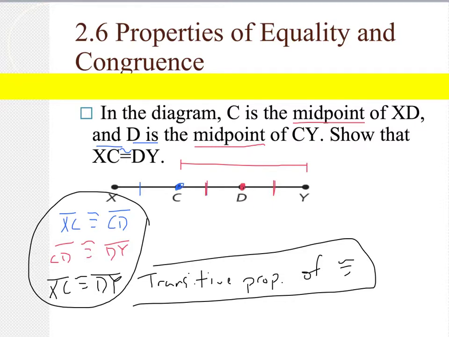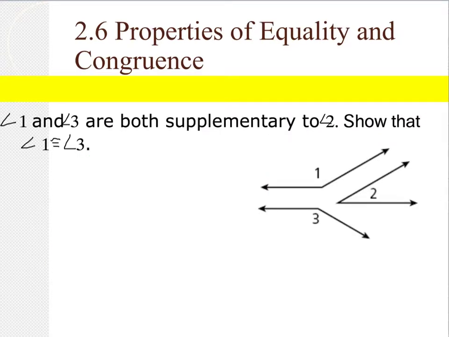Alright, last one. I want you to try this one on your own. Please remember what we talked about maybe earlier in the chapter, maybe even last chapter a little bit. Think about it, because all of these properties and all of these postulates and all of these theorems are going to be piling on. So make sure you are studying each one of those.